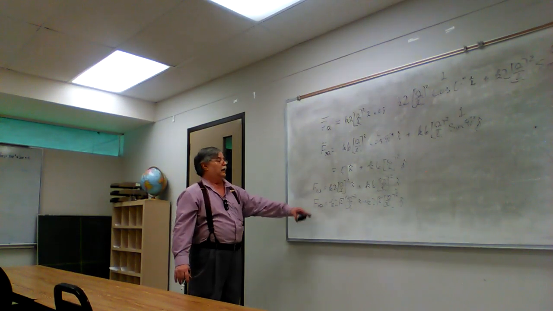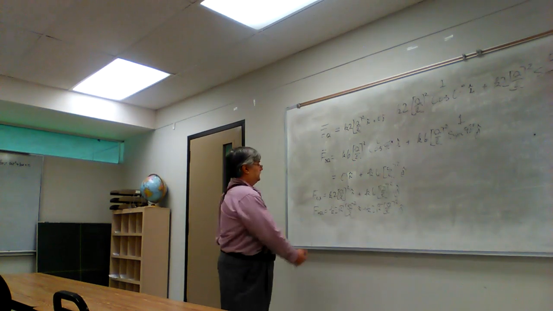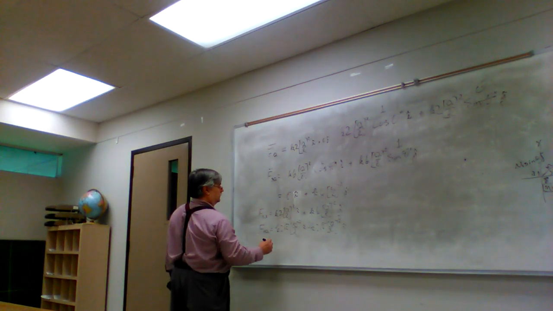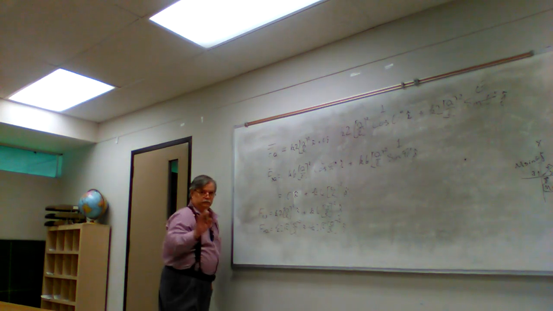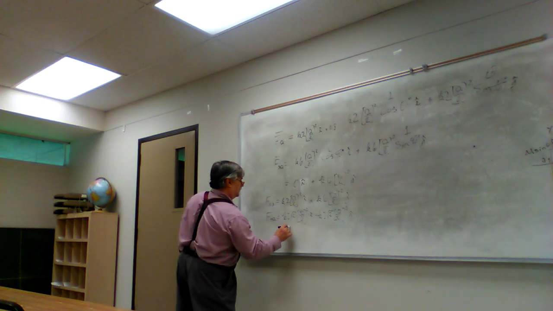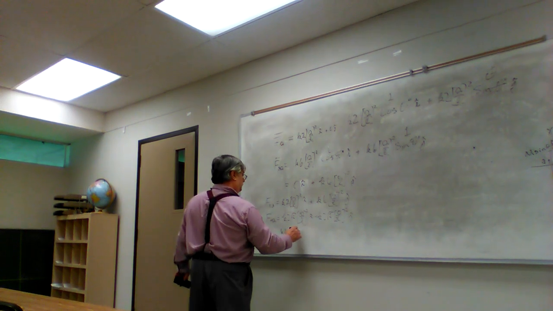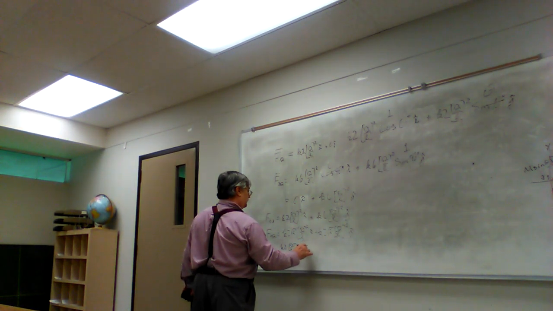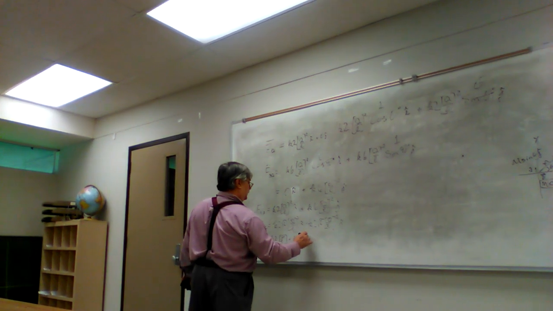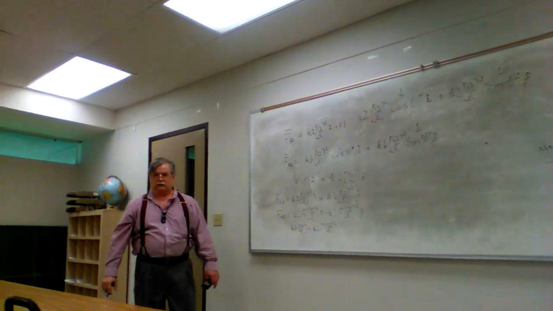Add these vectors together. Again, all you do is sum the x components and sum the y components. Let's write this out carefully. We've got K2Q over L squared plus K2 times the square root of 2 Q over L squared. All right?